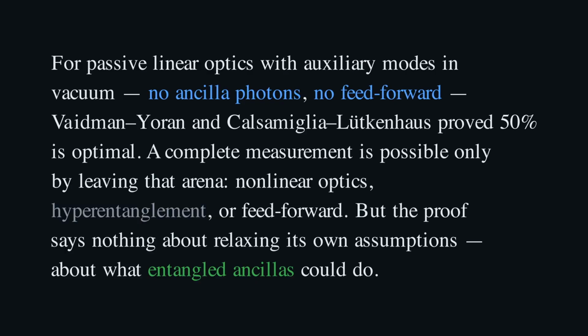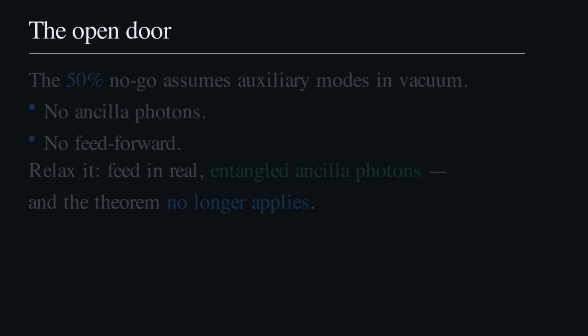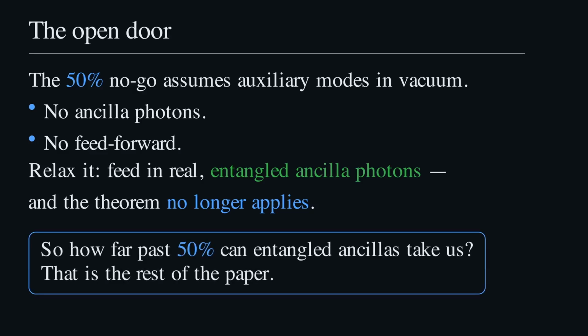If you relax this and feed in entangled ancillary photons in the auxiliary modes, then the theoretical limit of 50% no longer applies. So how far past 50% can entangled ancillas take us? The rest of the paper is a demonstration of one protocol, which takes us to a success rate of 1 minus 1 over 2^N for 2^N minus 2 ancillary photons.